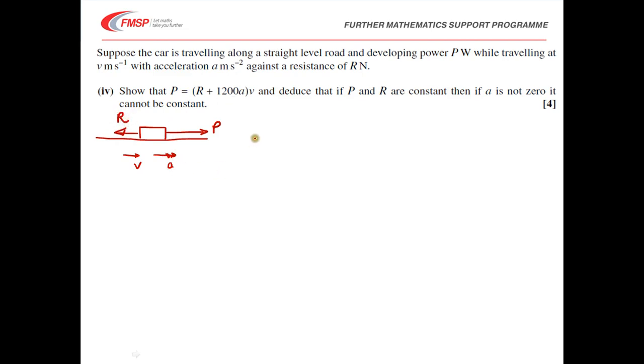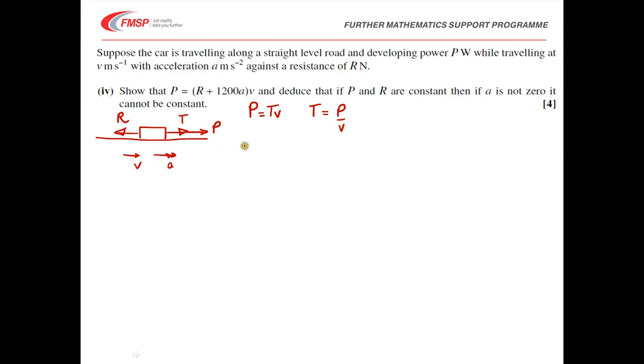So again, we know that we've got a forward tractive force acting here, and we can find an expression for that tractive force which connects P with the velocity. We know that P equals TV in this case, so our tractive force is going to be P over V.